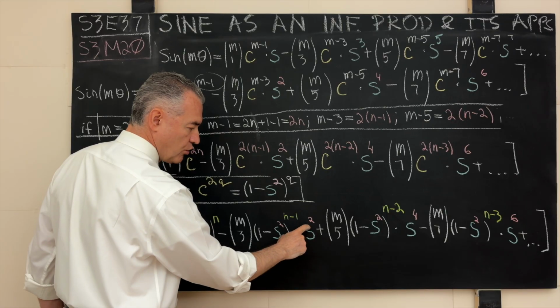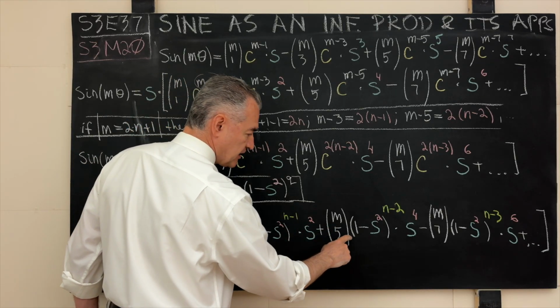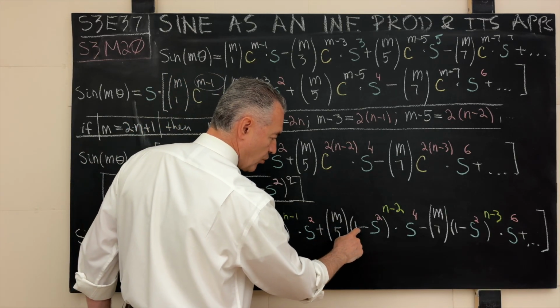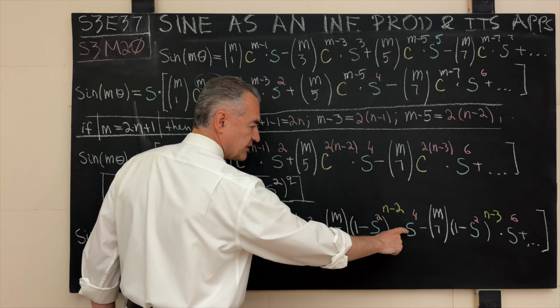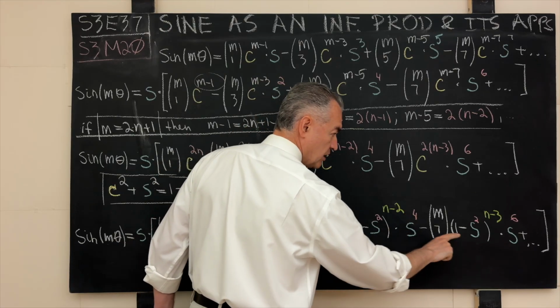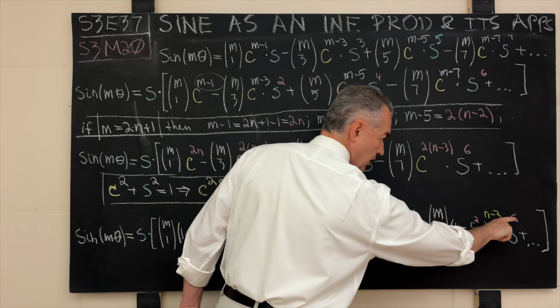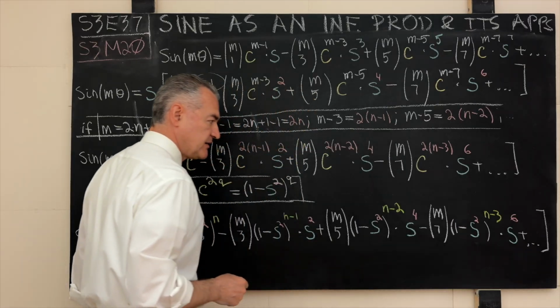Remember, it's a show of s squared now, times some binomial coefficient, 1 minus s squared raised to the power n minus 2, but here s to the fourth power, so on, s to the sixth power, and so on, for all finite number of terms.